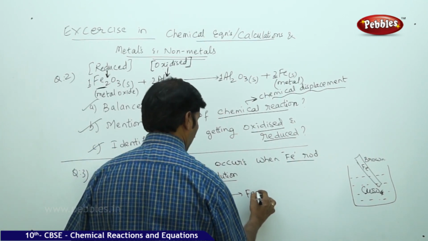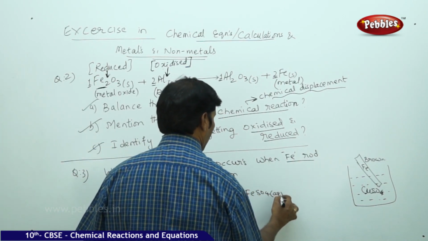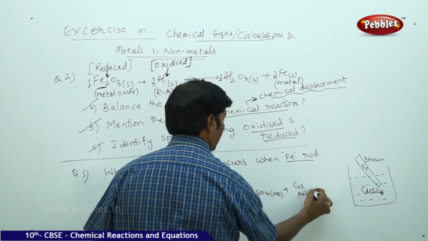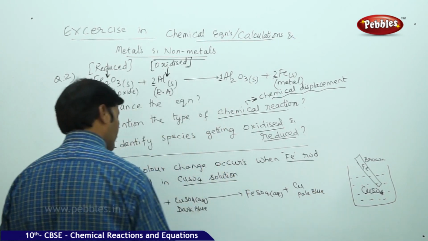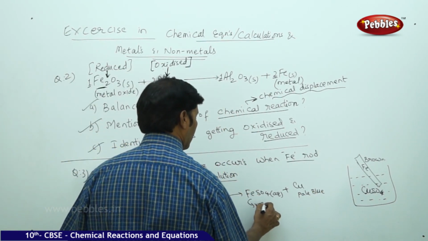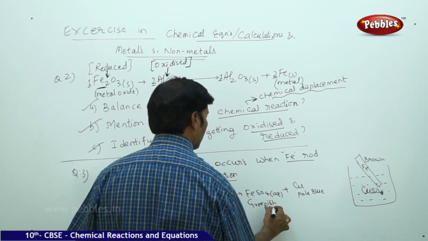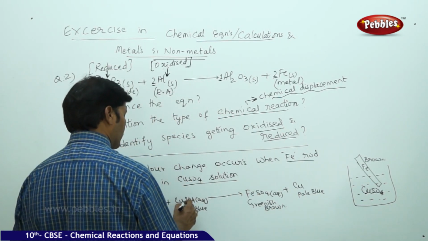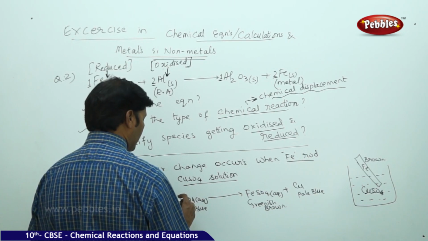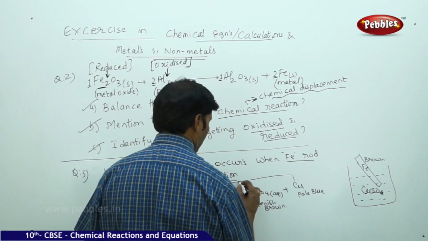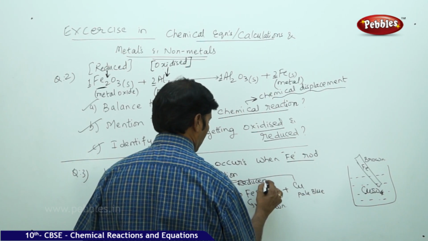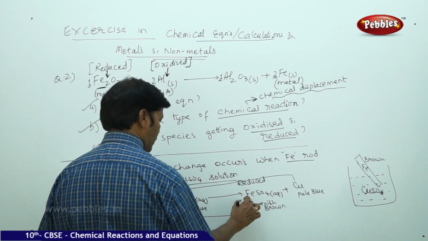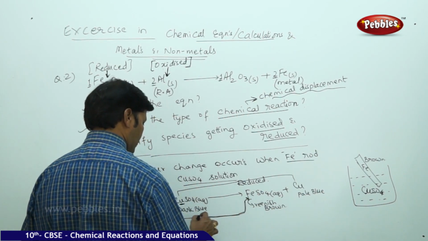It becomes ferrous sulfate aqueous plus copper, pale blue, and this is going to become greenish brown. That means here what is happening is the copper is getting reduced. In copper sulfate, copper is getting reduced. And here iron is getting oxidized.